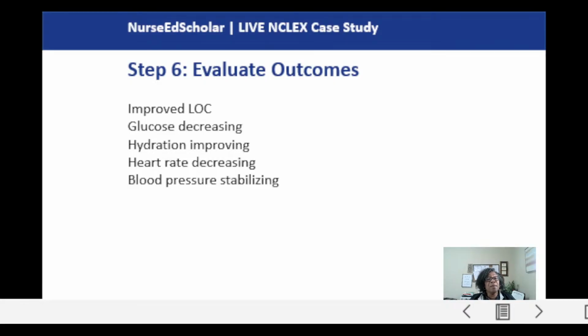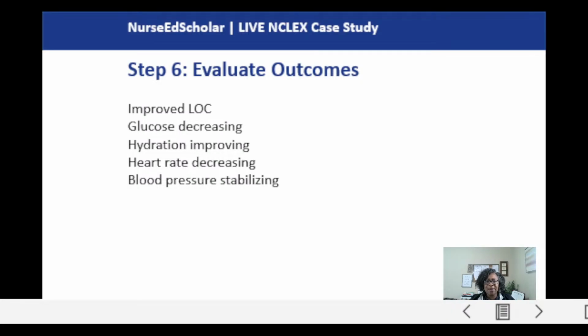Once you fill them up with fluid, that should decrease, and the blood pressure should stabilize. What was it, 88 over 54? So that should improve as well. That should start stabilizing. And that is how you know your treatment and your interventions are actually working. The patient is going to have better mental clarity.